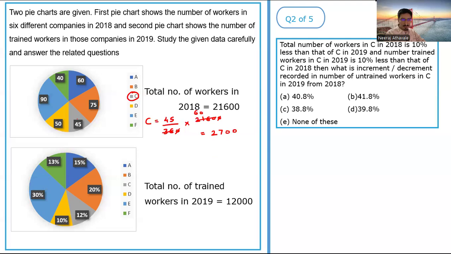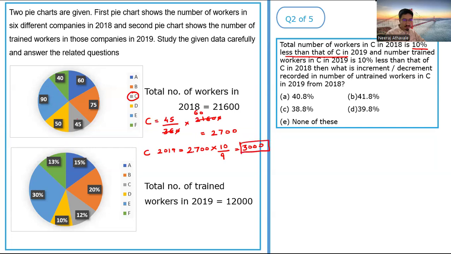Now, this value in 2018 is 10% less than that of C in 2019. Therefore, C in 2019 will be 2700 into 10 by 9. Solving this, we get it as 3000.